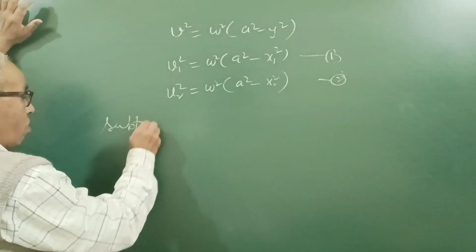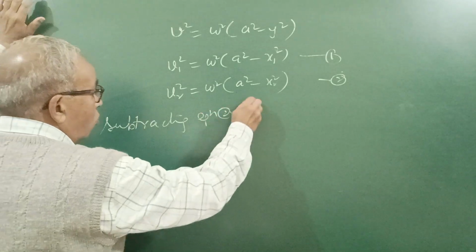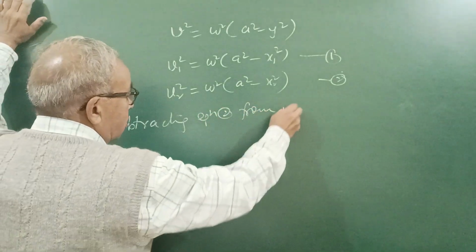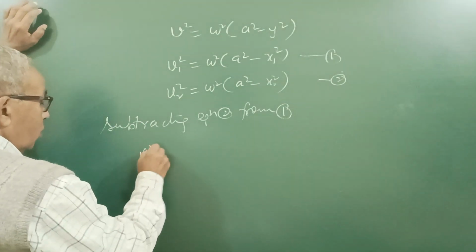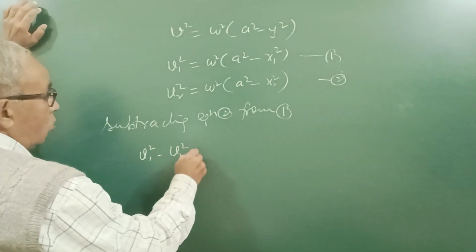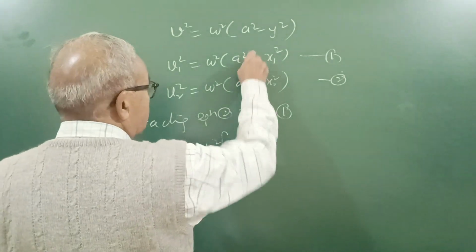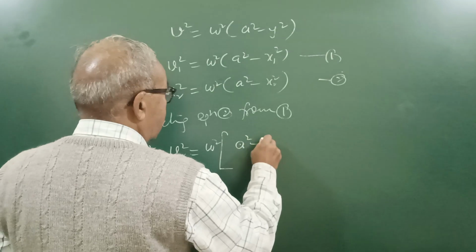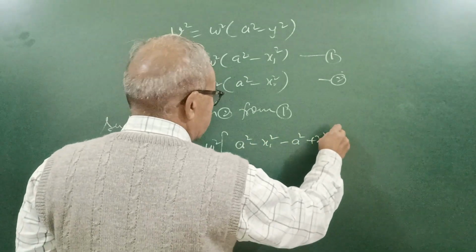Subtracting equation 2 from 1: v1 square minus v2 square equal to omega square common, this minus this, so a square minus x1 square minus a square plus x2 square.